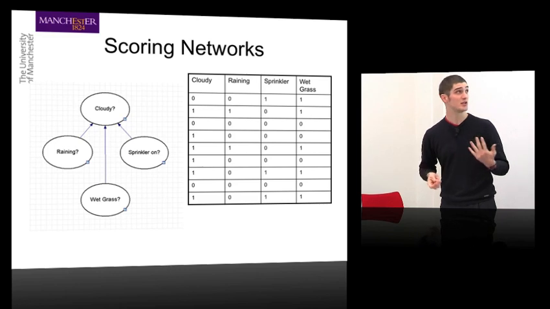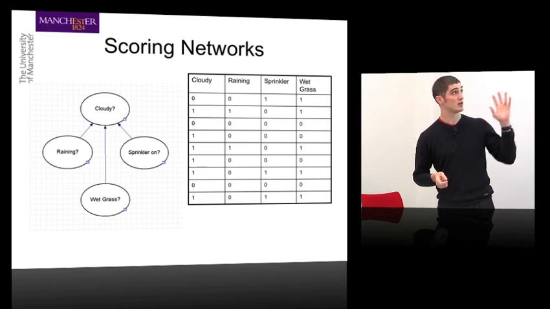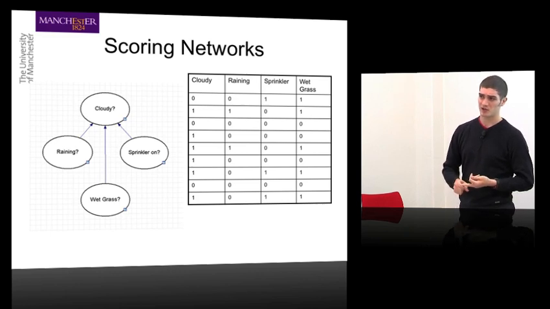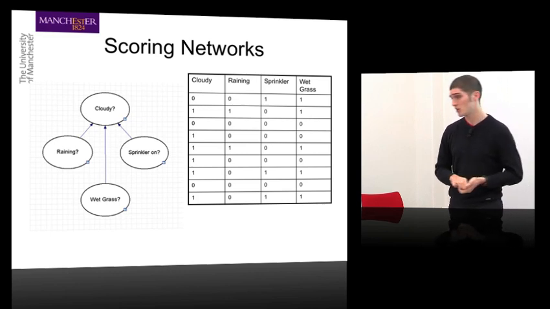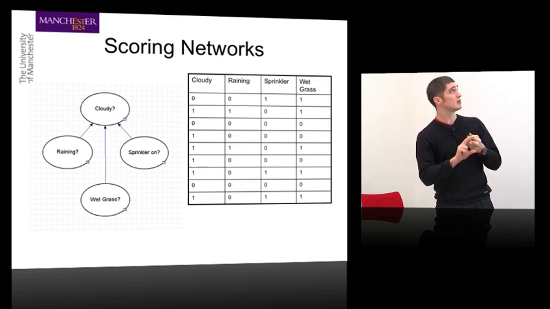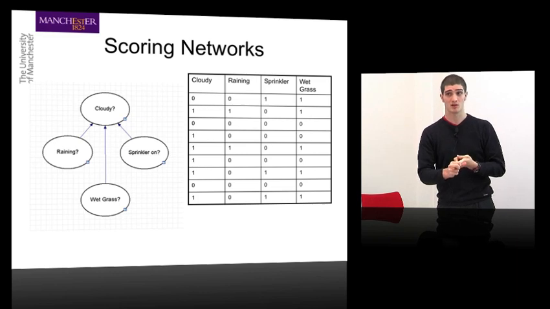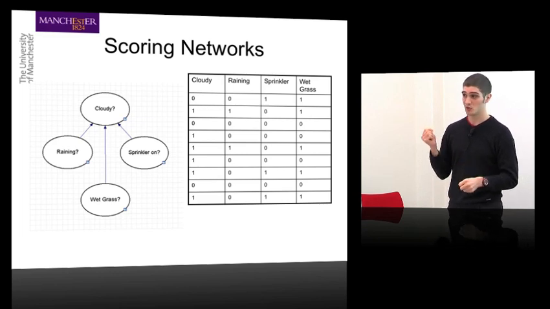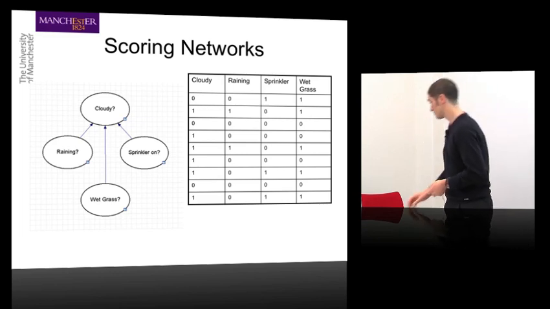If we have lots and lots of these, we can begin to pick out structural features that they share. For example, if we have a big sample of 100 of these networks, and there's always an arc between raining and wet grass, that means we can be fairly sure that in reality there is a real relationship between these two nodes.